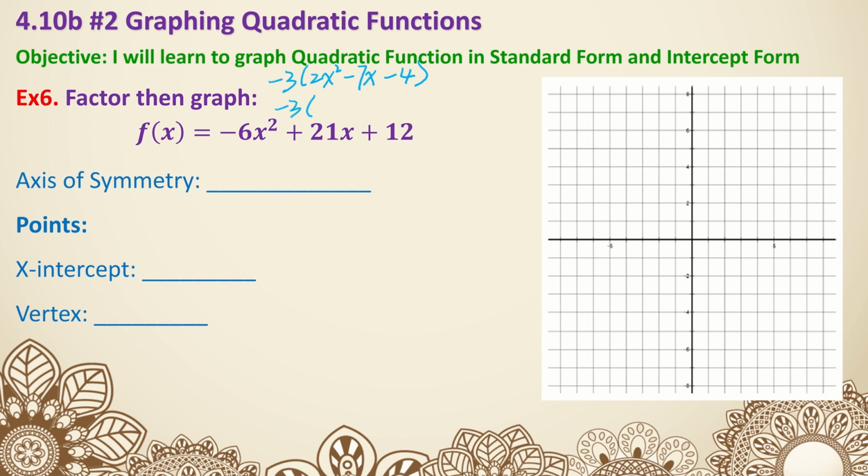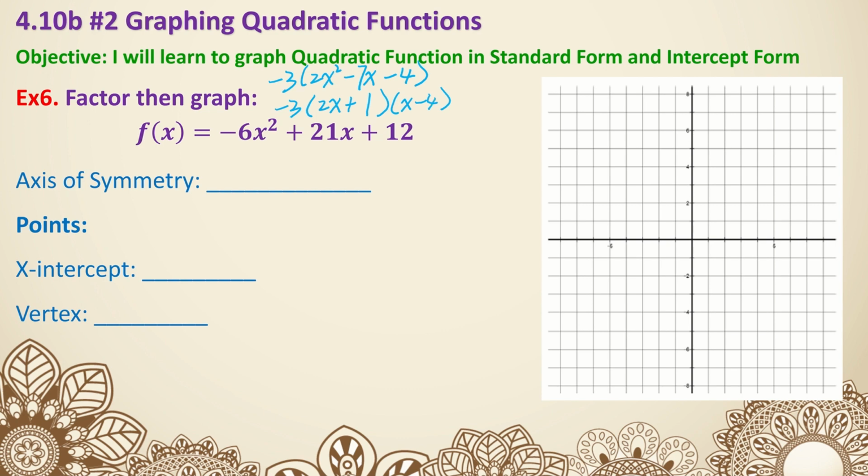You should get negative 3 times 2x minus, let me think, minus 4 times x plus 1. Oh, oops, that's not going to work. It's going to be a plus 1 and minus 4, should we? But we're not fully done.